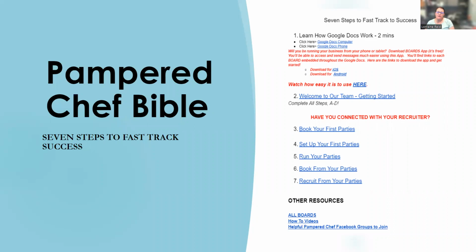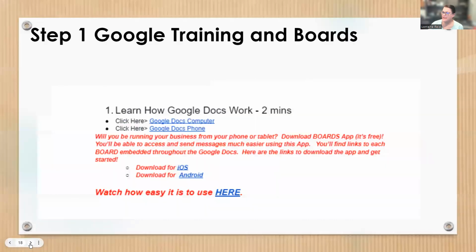That is going to be super helpful as well, because as you go through each of the steps, you're going to be able to check off and say, okay, I did this, and that just ensures that you won't miss any steps. The welcome to our team gives you an overview of basically where we get our parties, how we track our parties, how we get more bookings, and so on. And then on step 3, it dives deeper into that booking opportunity. So let's go there for a quick minute.